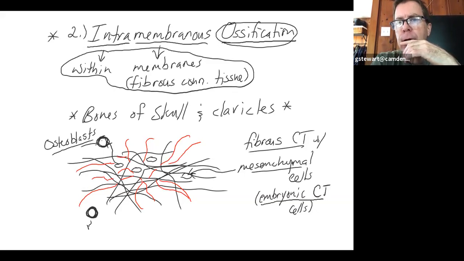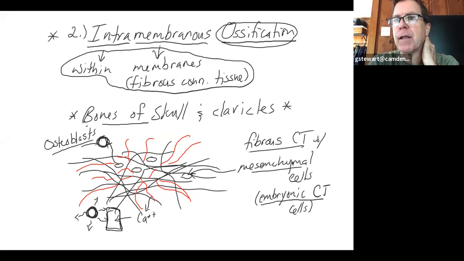It's secreting osteoid, that gooey organic bone stuff. And then the blood vessels are bringing calcium to the area, and the osteoid mixes with the calcium to form hard bone tissue. That is how the bones of the skull and clavicles develop.